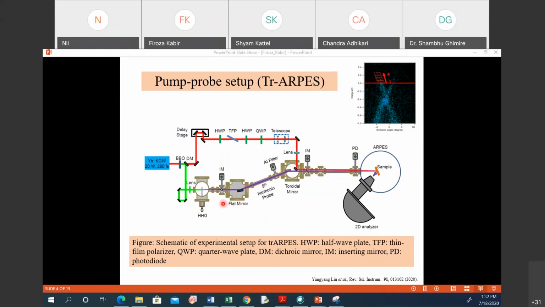You can see in time-resolved ARPES, a pump pulse is employed to excite the dynamics in the material, and a probe pulse is used to image the transient electronic structure. This is a dispersion map taken by our time-resolved ARPES system, and here you can see some electronic structure above the Fermi level.